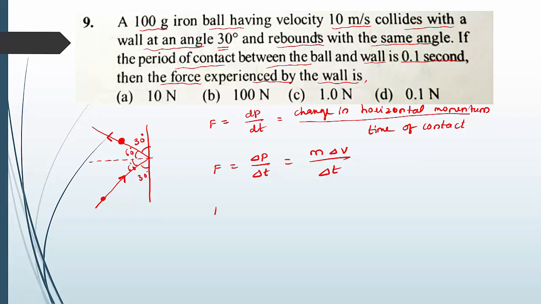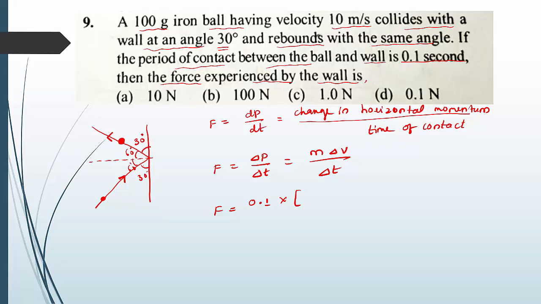So substitute their value. Mass is given 100 gram. 100 gram means 0.1 kg into delta V. Here there is only a change in the horizontal linear momentum. This iron ball is going to hit and again it rebounds back.